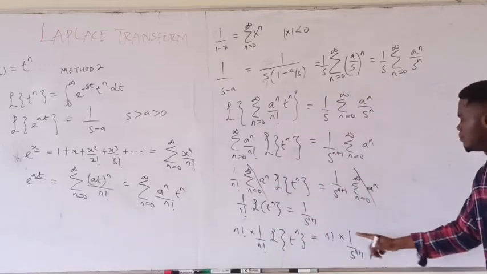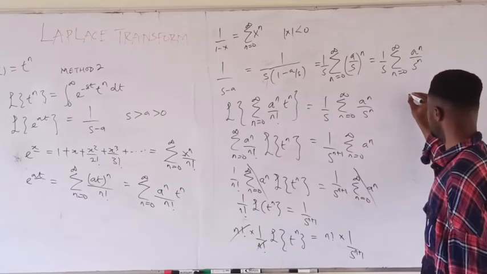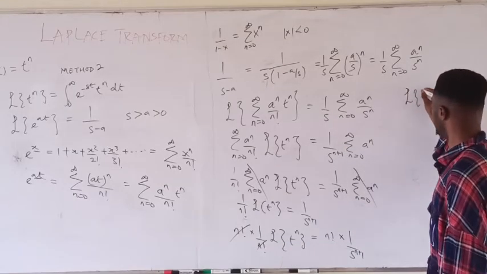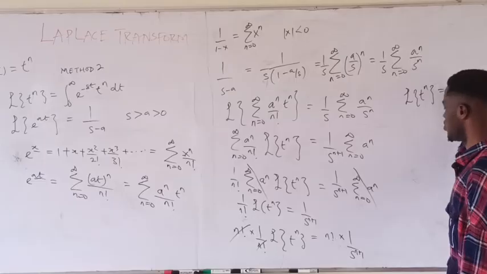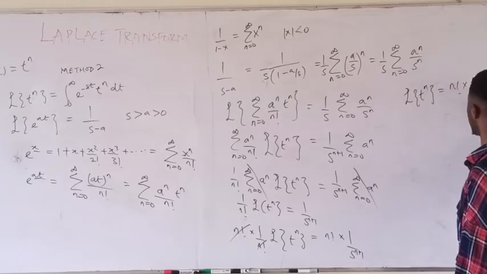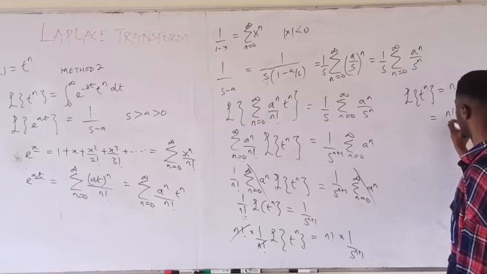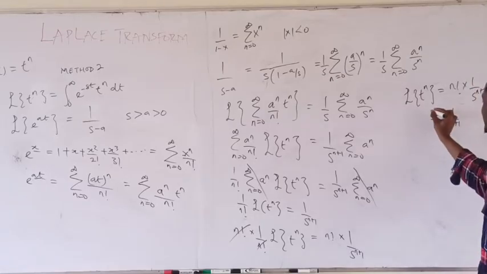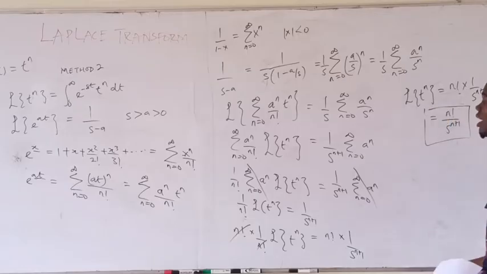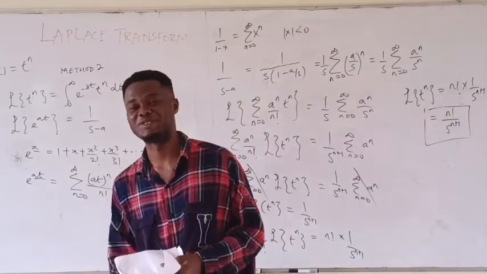Hence, n factorial cancels n factorial, that means the Laplace of t raised to the power of n is equal to n factorial multiplied by 1 over s raised to the power of n plus 1, and of course this is going to give me n factorial divided by s to the n plus 1. So this is the second method on how to solve the Laplace of t raised to the power of n.